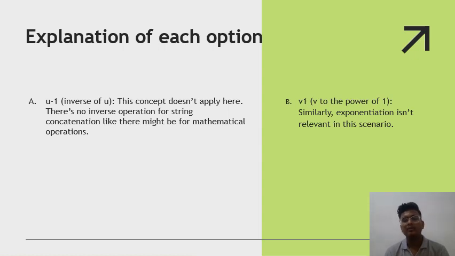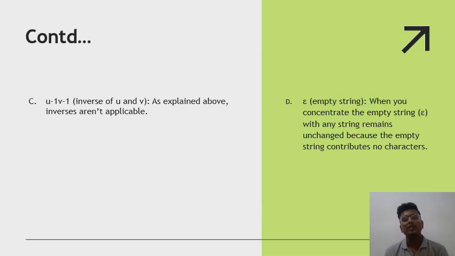The option v to the power 1: similarly, exponentiation isn't relevant to this scenario. The third option is the inverse of u and v. As explained above, inverse doesn't apply here. And the empty string epsilon: when you concatenate the empty string with any string, it remains unchanged because the empty string contributes no characters.